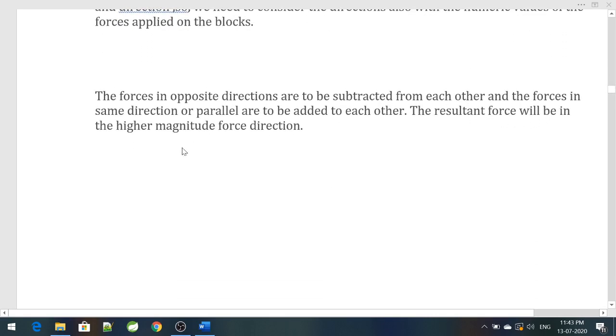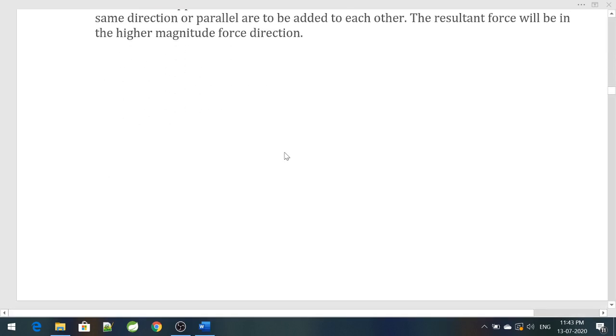The resultant force will be in the direction of the higher magnitude force.